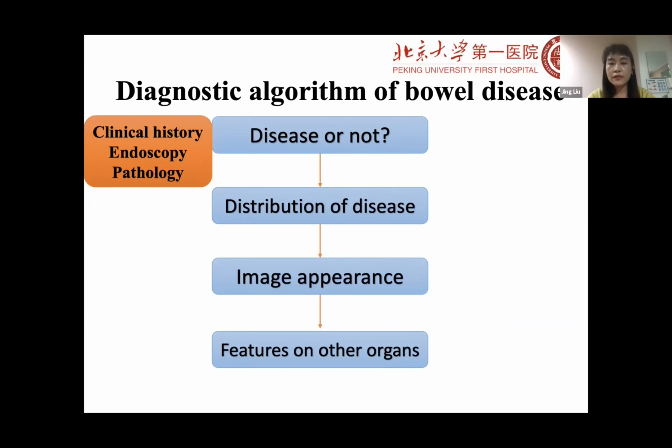For example, stratification enhancement is one of the enhancement patterns of bowel disease. Stratification enhancement is only seen in inflammatory disease, but rare in malignancy. And finally, we need to check if there is any abnormality in other organs, which could also be helpful for our diagnosis. For example, if there is any abnormality in the peritoneum, it always suggests two kinds of disease, adenocarcinoma and tuberculosis.